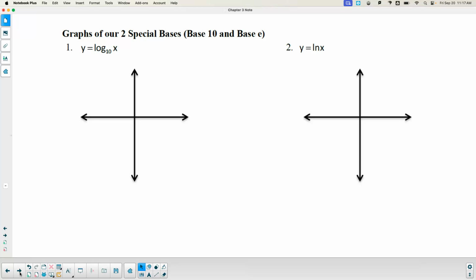All right, so if I've got y equals log base 10 of x, the two that I'm looking for: I want to get an exponent of 1, and I want to get an exponent of 0.